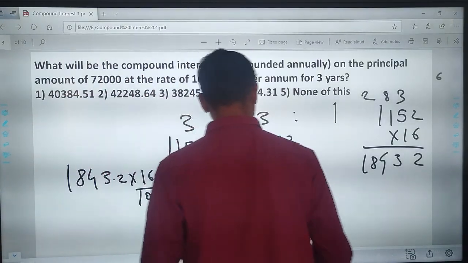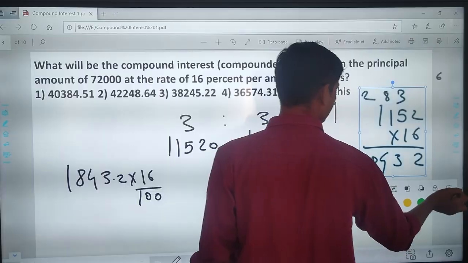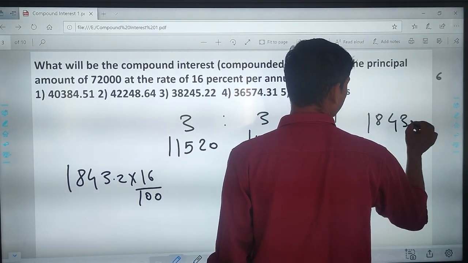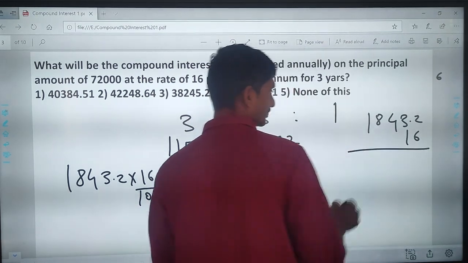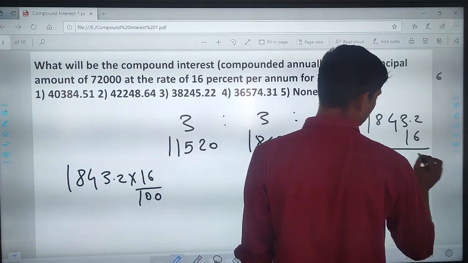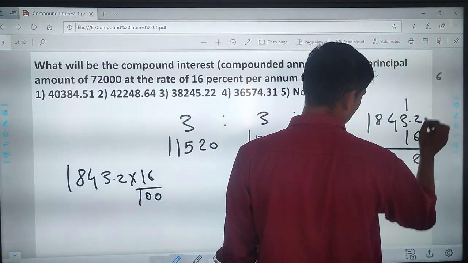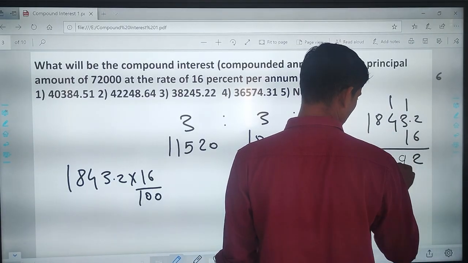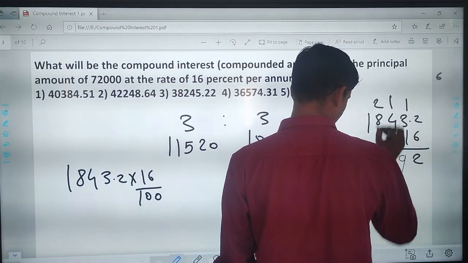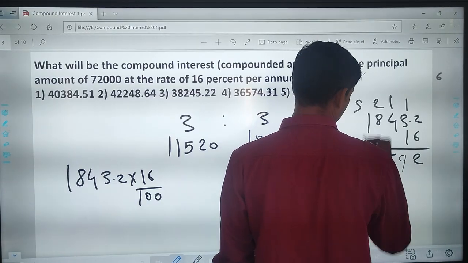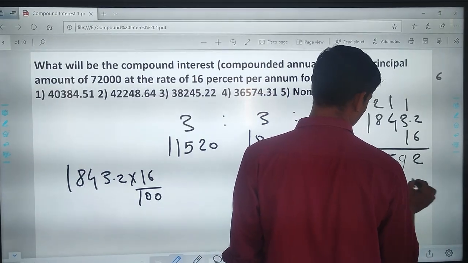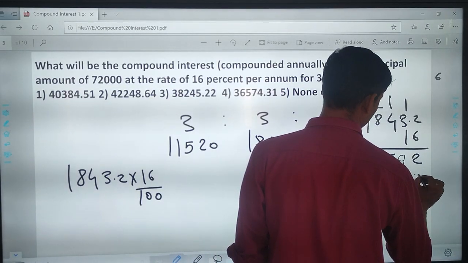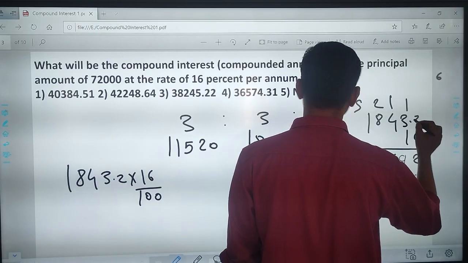Firstly we take the multiplication and then divide by 100. 1843.2 into 16. Now here we get the multiplication.